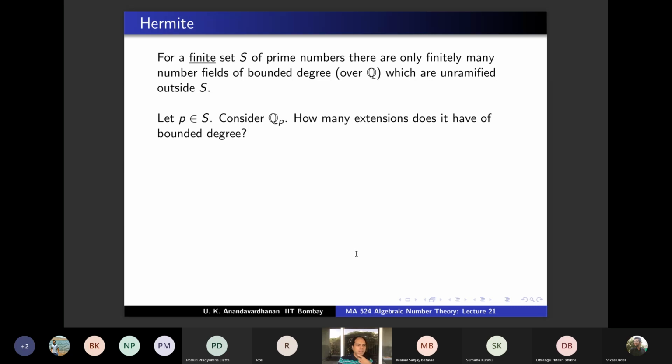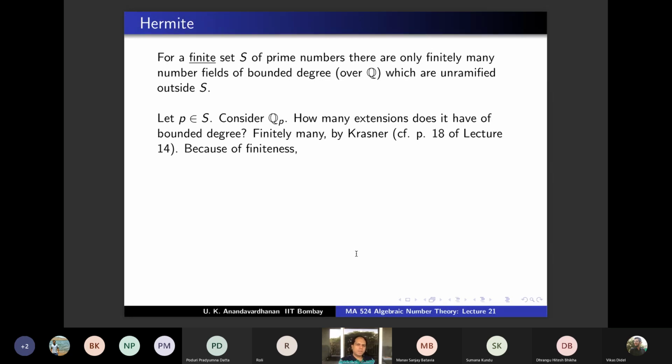This we had seen earlier, an application of Krasner's lemma, and an application of characterizing totally ramified extensions in terms of Eisenstein polynomials and all those things. In Chapter 2, we have seen that Q_p will have only finitely many extensions of a given degree or of bounded degree. Okay, so finitely many by Krasner.